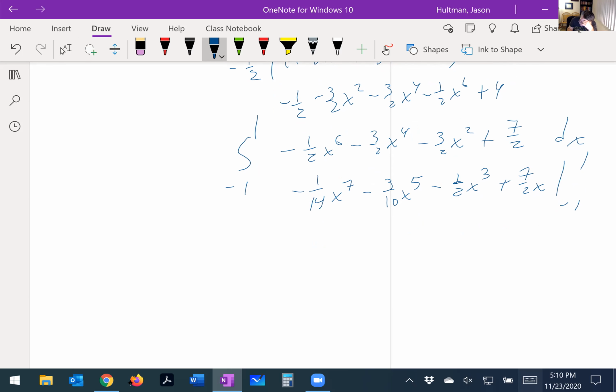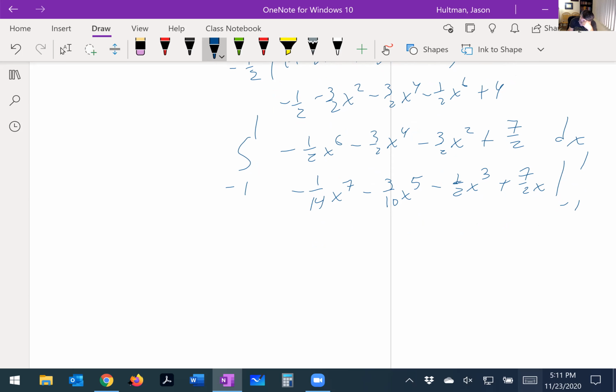These are all odd powers, which means that minus a negative is going to be a positive. So it's just going to be double this. I could plug in 1 and just double the whole thing, and then it should be good.